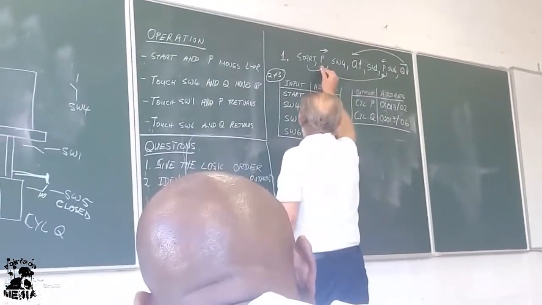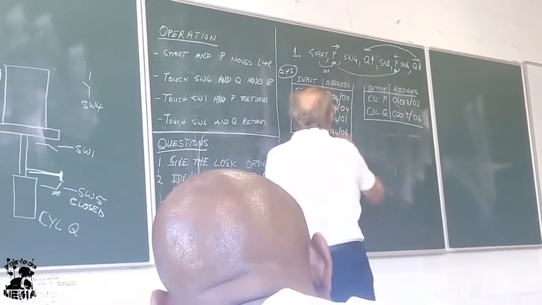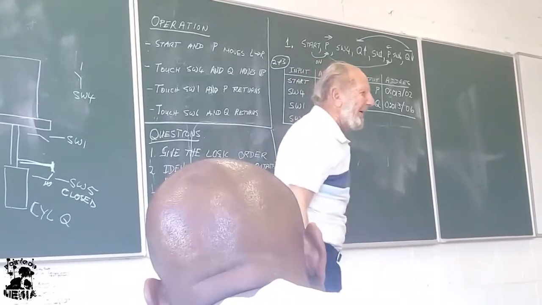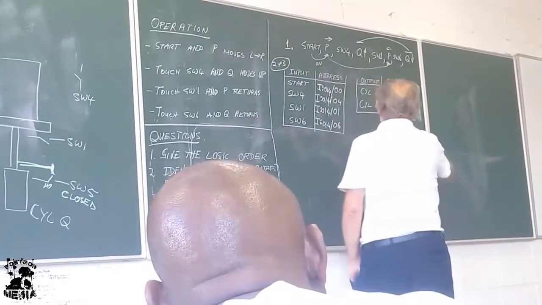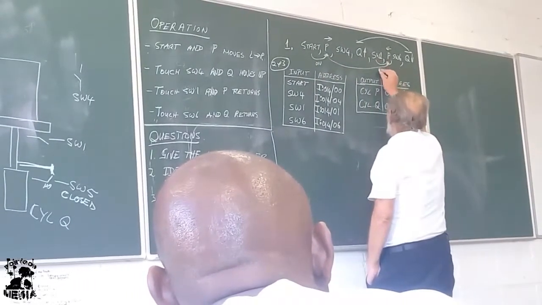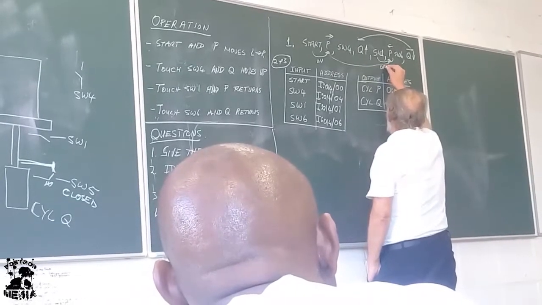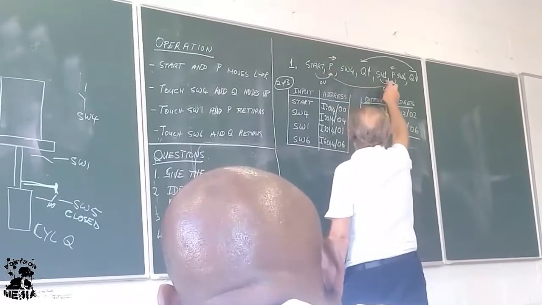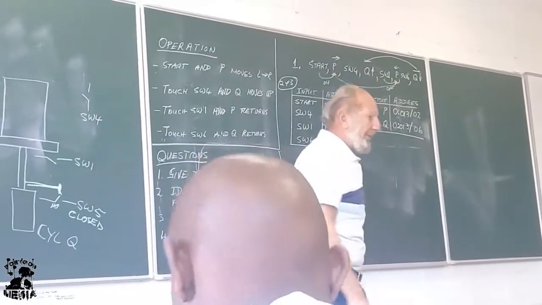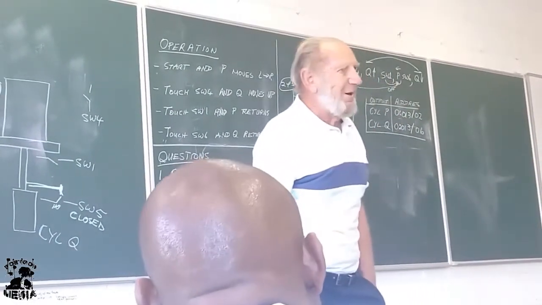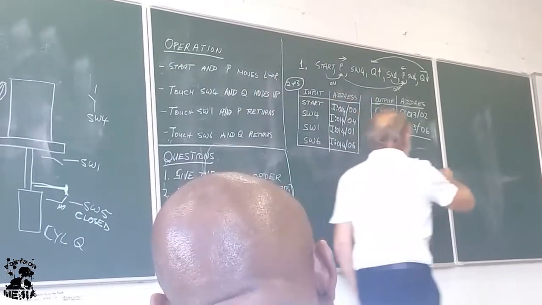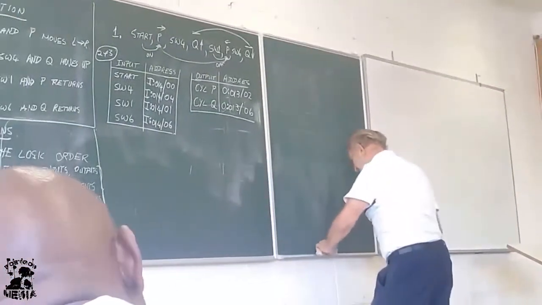Start button puts the power on, isn't it? What removes the power from P? What makes P go back? Switch 1. So I've got an output with one thing putting the power on, something else removing the power. That is a latch. So I'm going to draw it here.